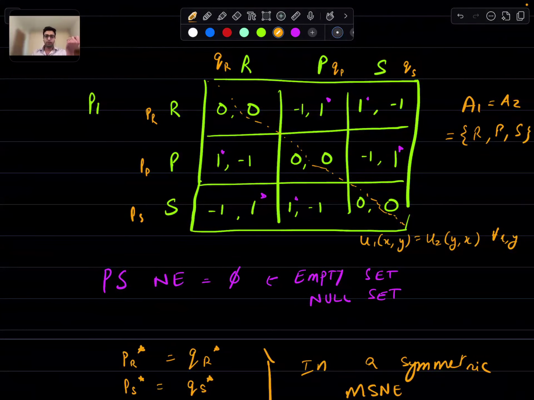Right, so player 1's payoff for rock is reflected by this, is reflected by this, and so on. What does reflection mean?